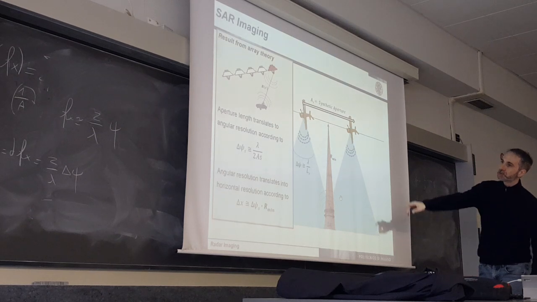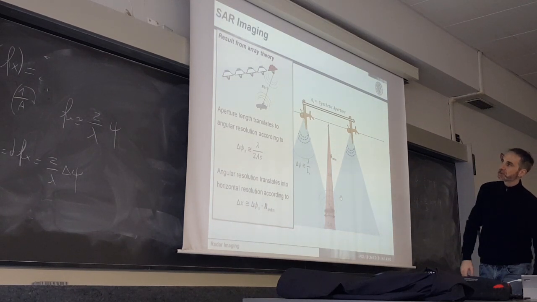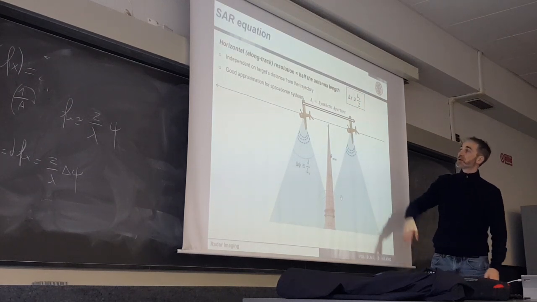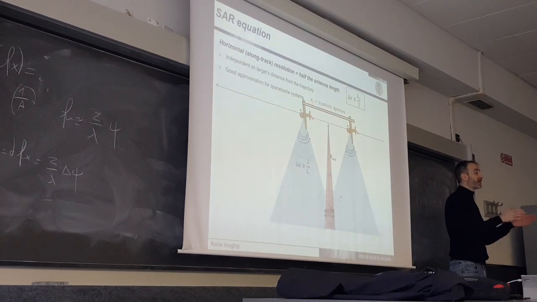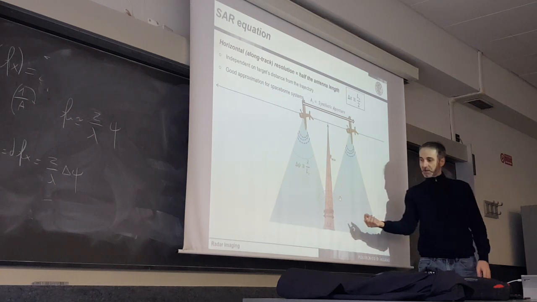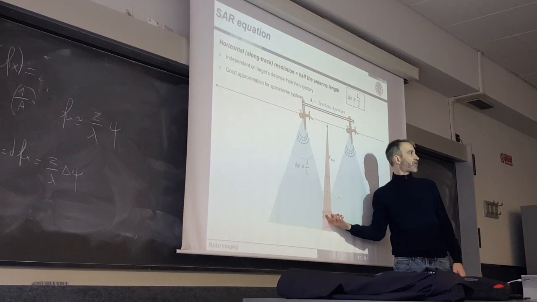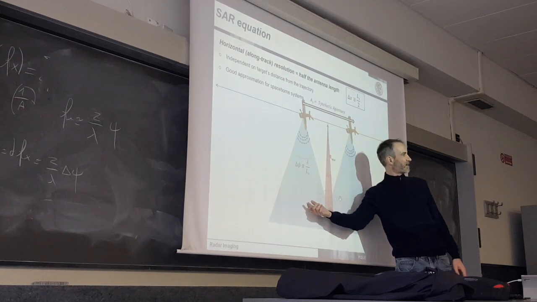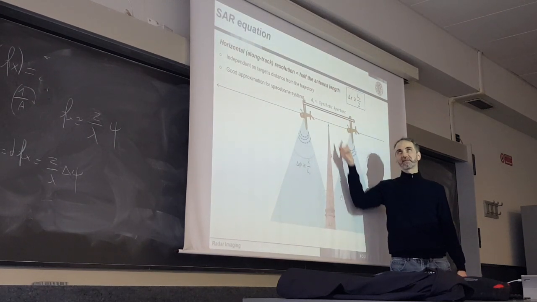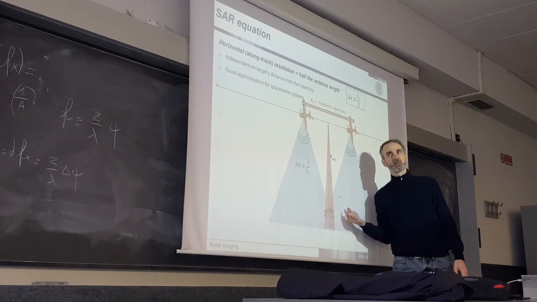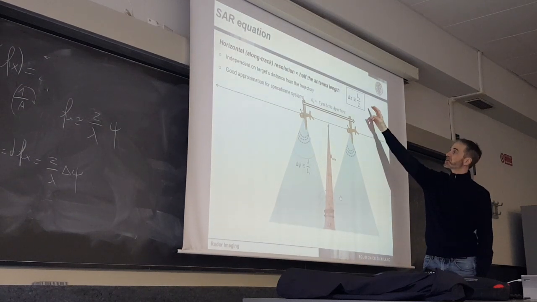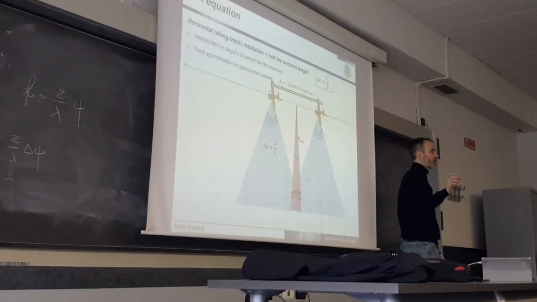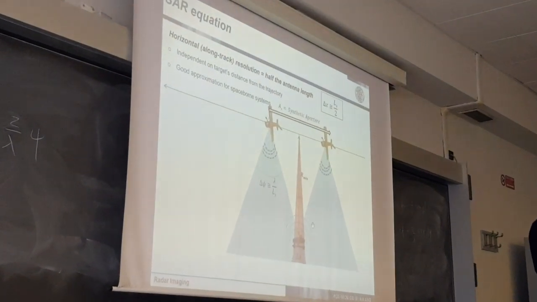And if you put all of these equations together, then you end up with this equation, which says that your linear resolution, so your capability to resolve different targets at different positions, so different along track positions, is just given by half the physical length of your antenna. Right?